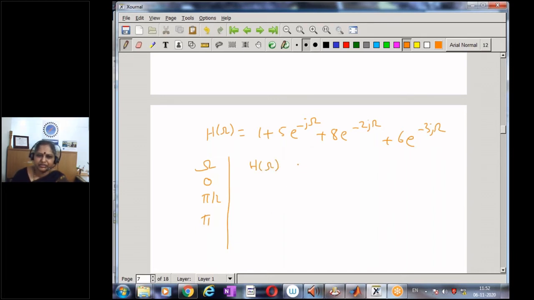For example, say omega equal to 0, I get 5 plus 1 is 6, plus 8 is 14, plus 6 is 20. And so on. Then I put pi by 2, e power minus j pi by 2, then e power minus j pi, and so on, and then I can evaluate it. That is one way of doing it manually.